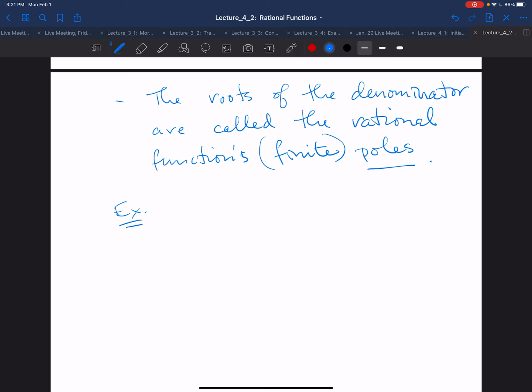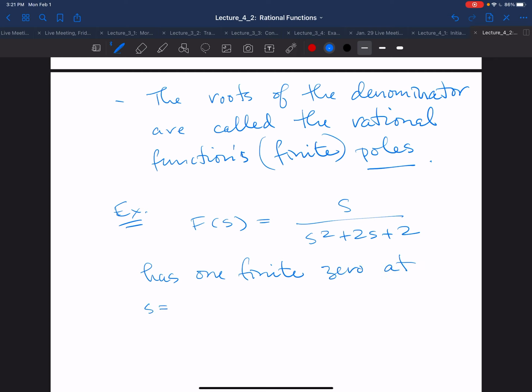If we go back to our example, therefore, because the numerator s is a linear polynomial, it has only one zero. Therefore, the rational function has one finite zero, and it's at s equals 0.